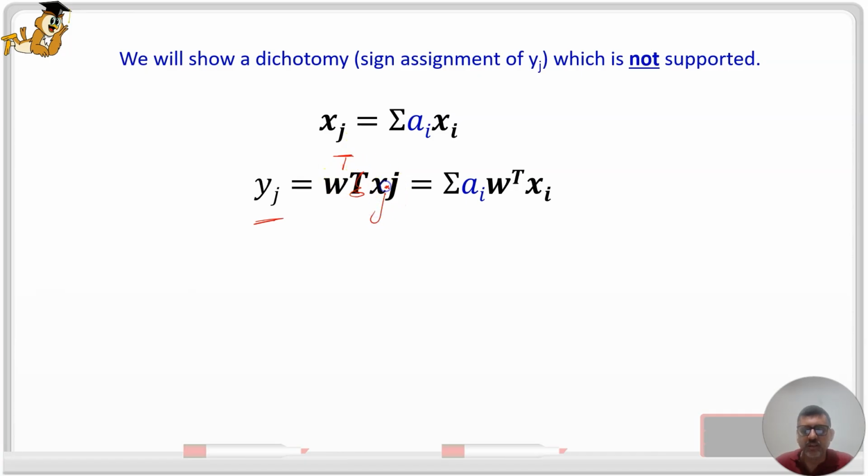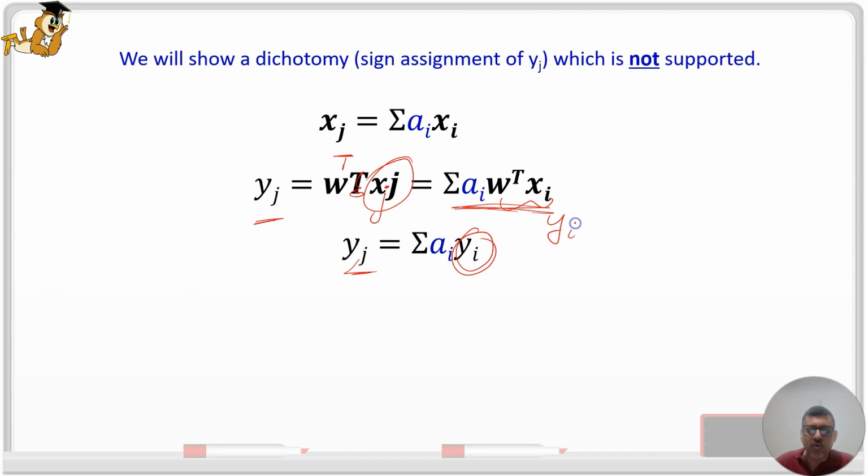By plugging in xj equal to the summation of ai xi, this becomes equal to this, and therefore my yj is a linear combination of the other yi's, because this is equal to yi, right?